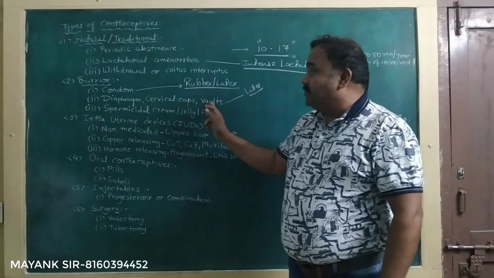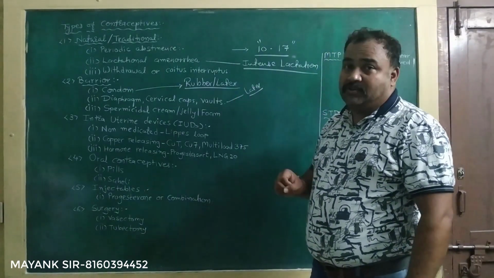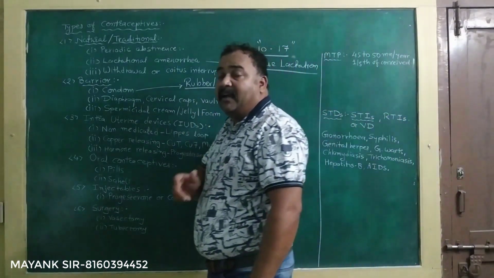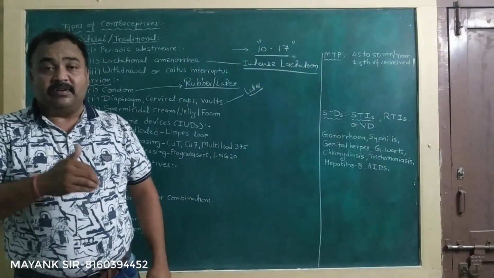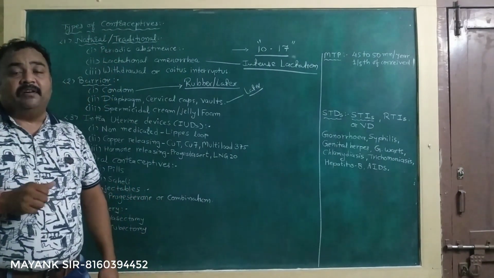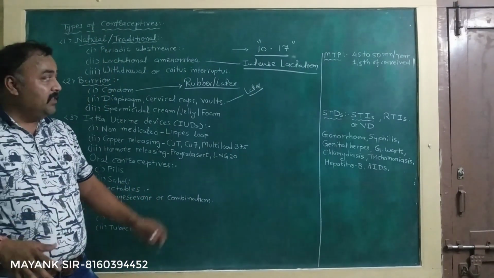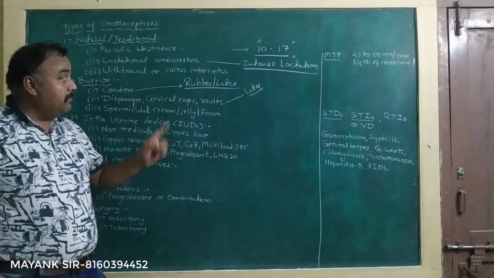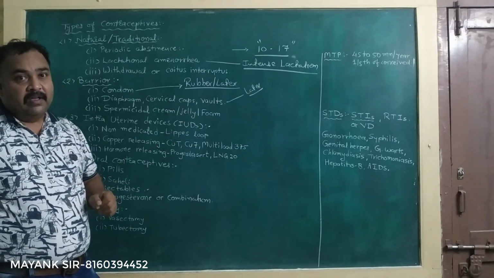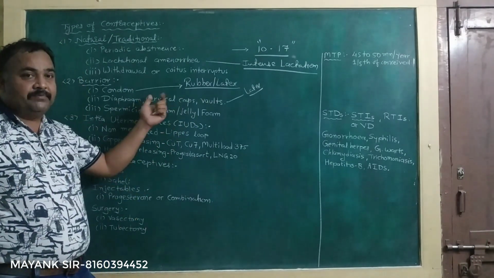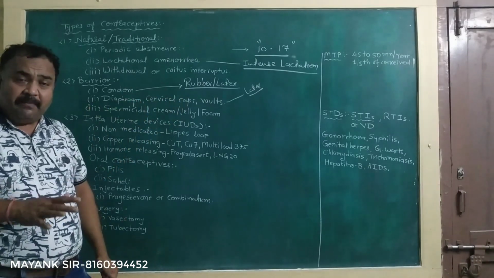Diaphragm, cervical caps and vaults are put in the cervical region of the uterus of the female by expert nurses, so the privacy will not be maintained, but they are reusable. The function of cervical caps, vaults and diaphragm is the same.